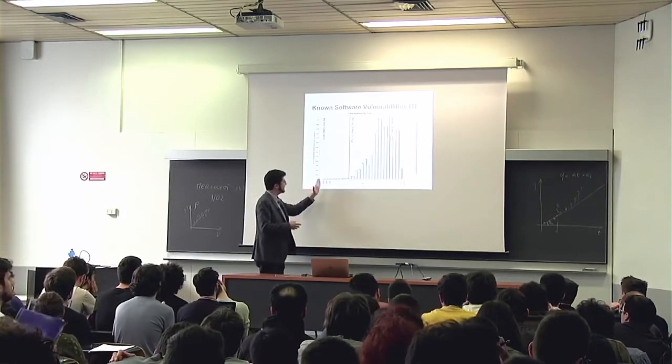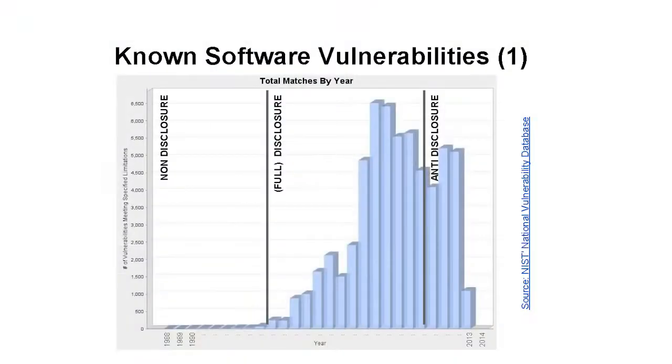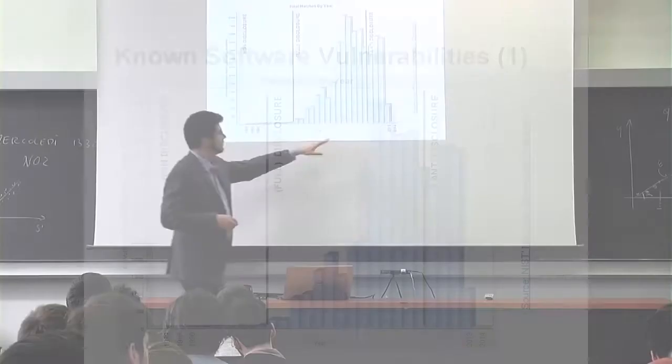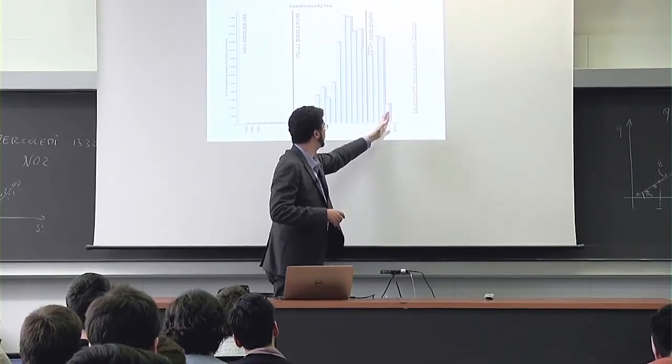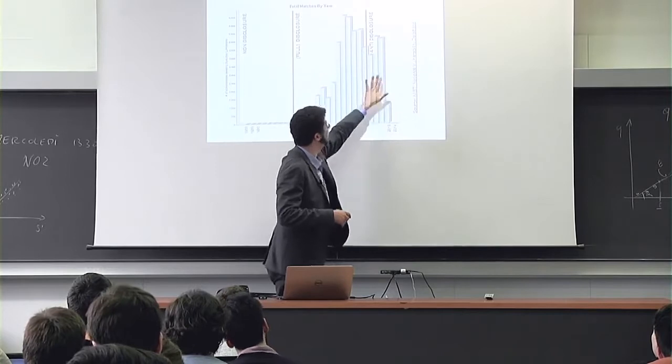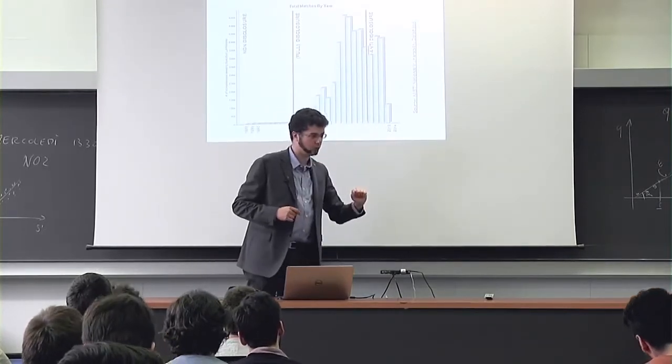And I start the graph from 88, and I end the graph in 2013, because that's actually the year I dumped. So don't look at this last item, because that's falsified by the way I took this picture. Just look at this last line here. So up to 2012.